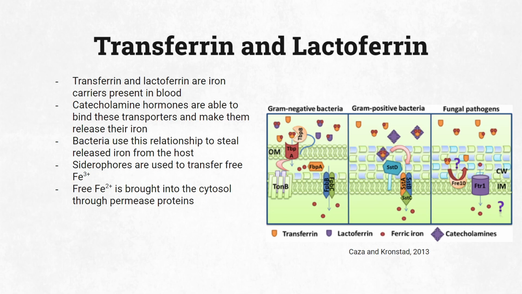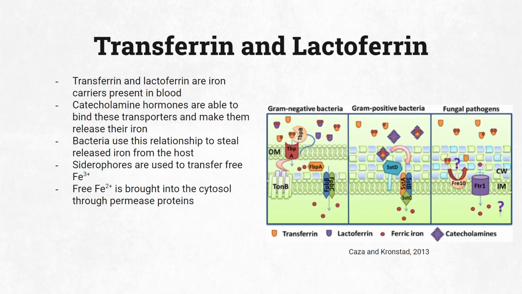Just as I said, siderophores can be used to bind to ferric iron when it is released in this manner, but also, as I said, catecholamines can reduce ferric iron when it releases it to ferrous iron, and siderophores don't bind very well to ferrous iron.